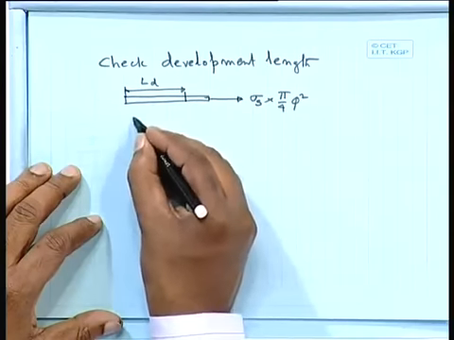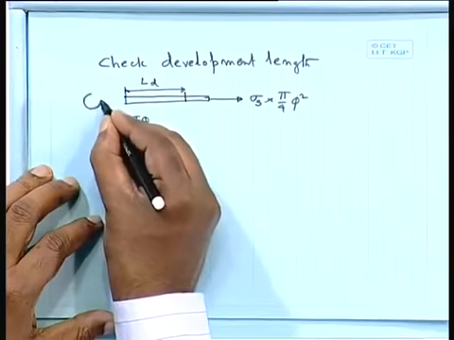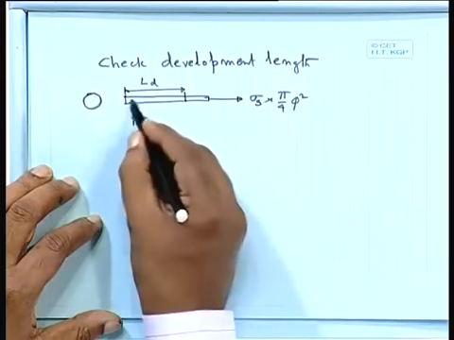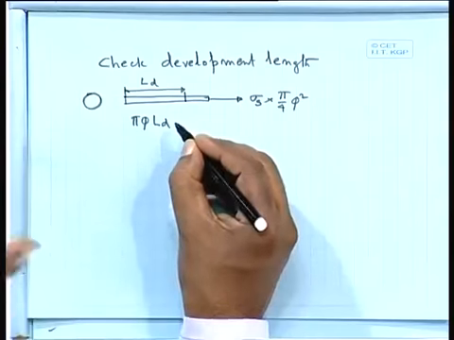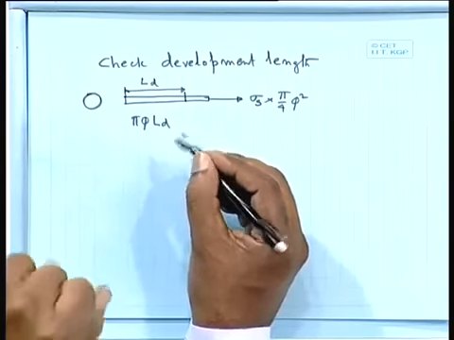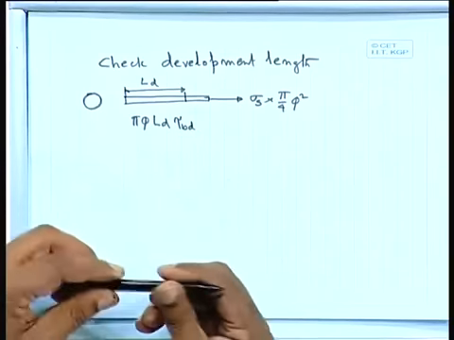The surface area of this cylinder is equal to pi phi times the length, times the bond stress developed, that is tau BD.